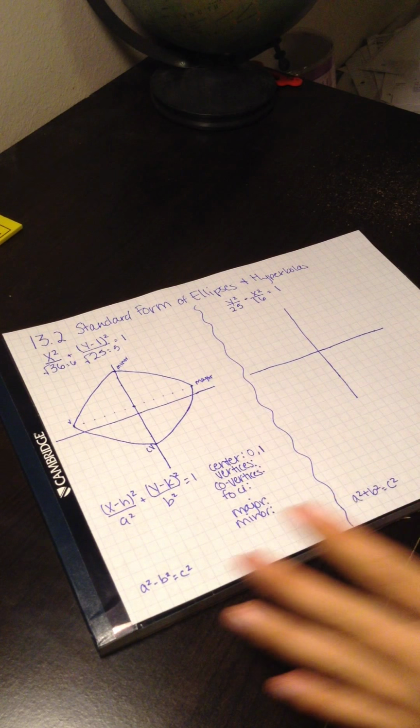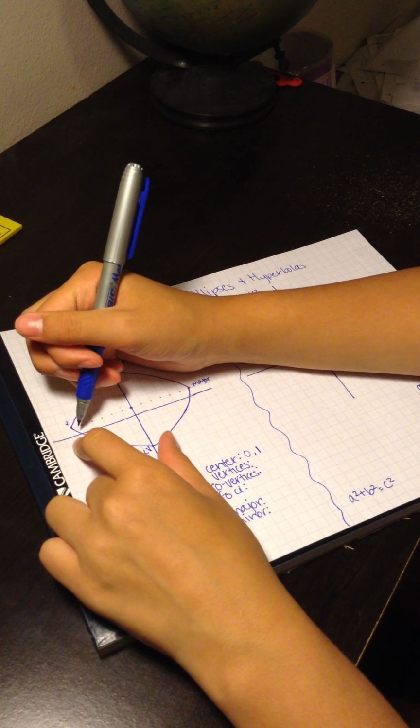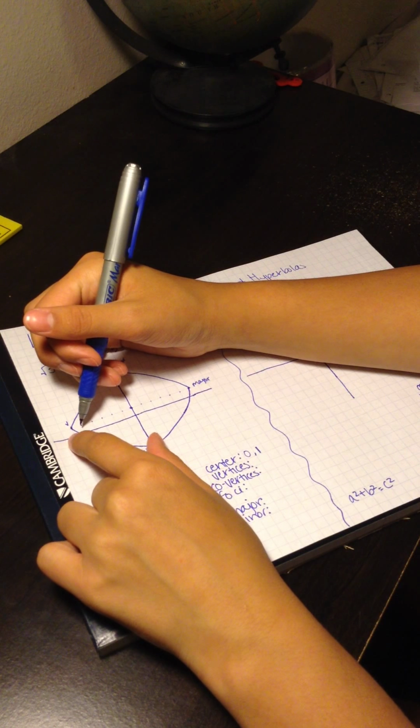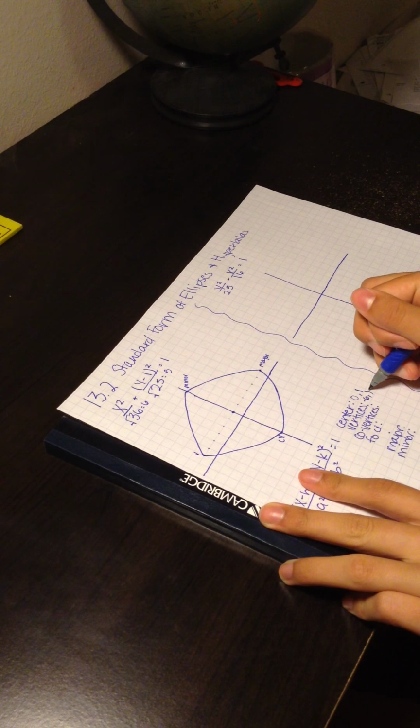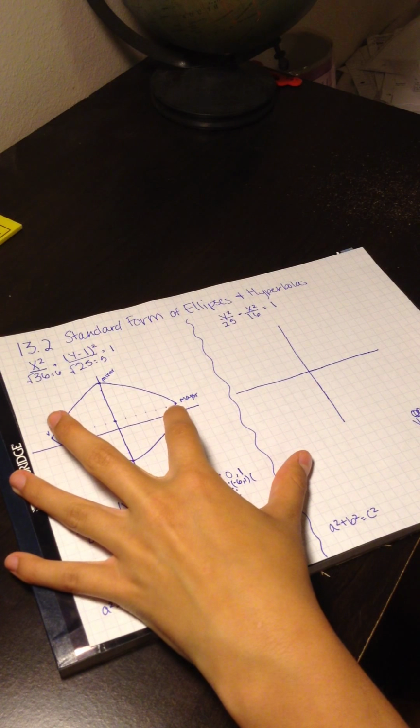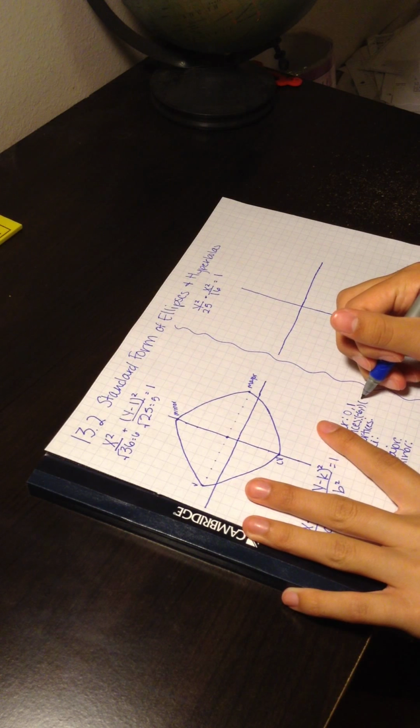But here we want to say what our vertices are. So right here they are negative 6, 1. So we'll write that down, negative 6, comma 1. And positive 6, 1. Okay?